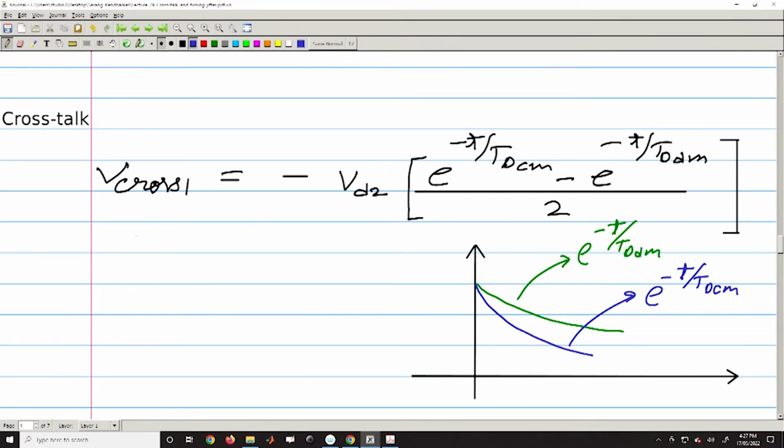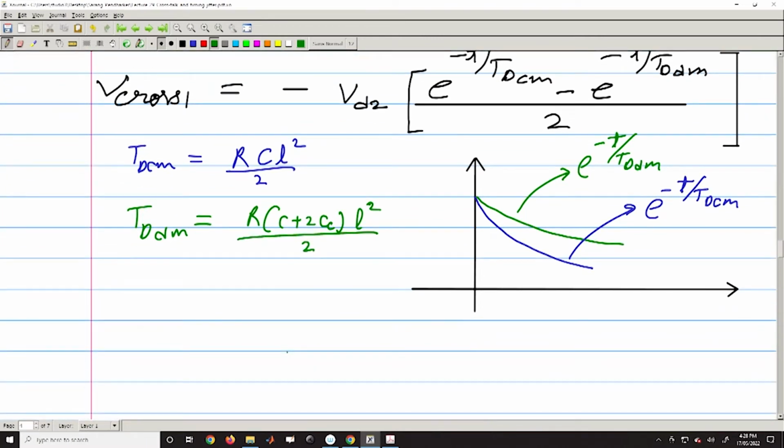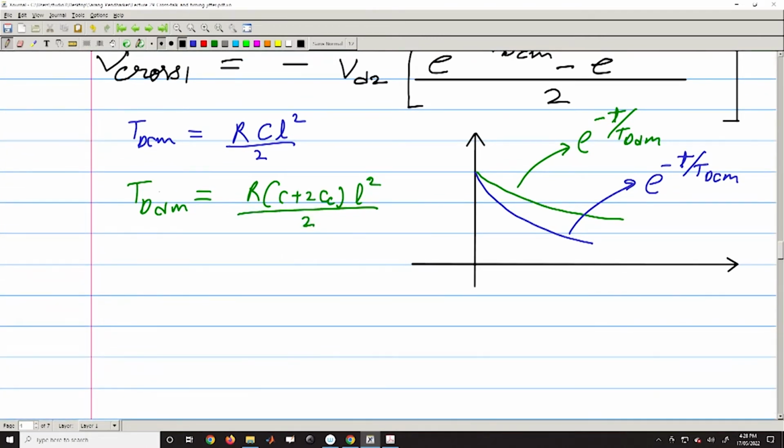So, what was your T D common mode? T D common mode was R C L square by 2, and your T D differential mode was C plus 2 C C into L square divided by 2. So, from here what we know is that your T D D M is greater than T D common mode, right.